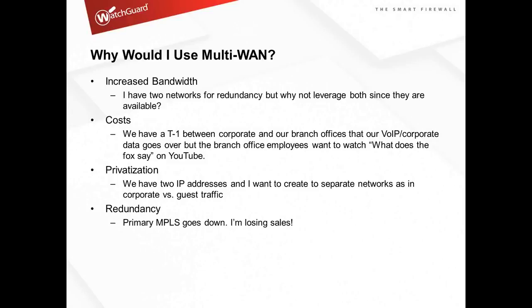So again, there you would look at being able to share that connection. The T1 would handle your corporate traffic, while your public internet traffic would go over a cheaper Comcast connection.